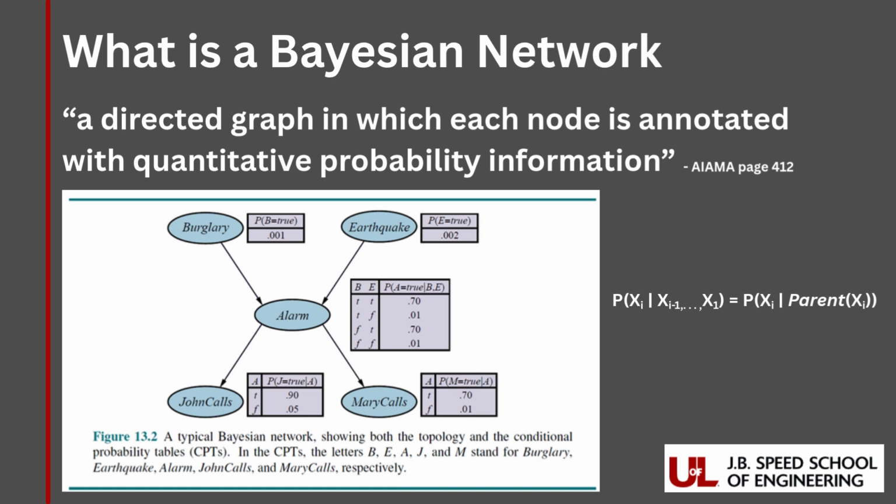We're given the probability of burglary, the probability of an earthquake, and the probability of an alarm going off is based off of the occurrence of a burglary or an earthquake. And that gives us this joint distribution graph, and so forth. And so this is what a Bayesian network looks like.